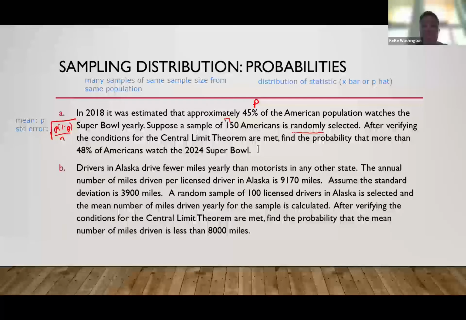Since I have 150 Americans and 45% watched, then 150 times 45% is greater than 10. So that would be the number of successes. The number of people that would not watch, well, we would have 55% of the population that does not watch. And if you multiply that by 150, that's greater than 10 as well. So I have enough successes and failures.